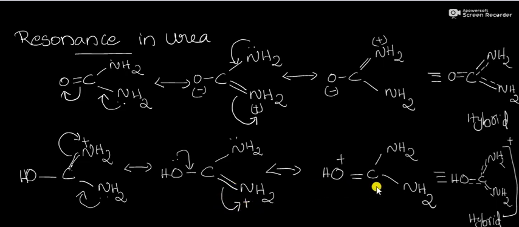We get another structure. And what is the resonance hybrid structure? This is the resonance hybrid structure. So here we can understand that urea behaves as a monoacidic base by the acceptance of a proton due to the resonance structure of urea.